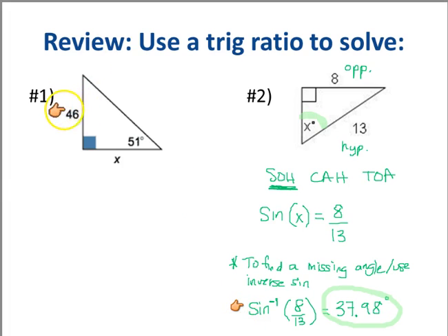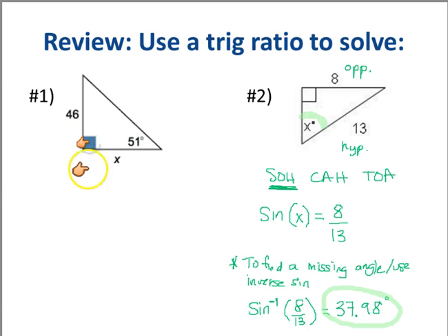All right, let's look at that first question. Here's another good review of using trig ratios to solve. Remember, anytime we have a right triangle and we have any 3 pieces of a right triangle, whether it be side lengths or angle measurements, with 2 givens and 1 unknown, you're going to use one of our trig ratios.